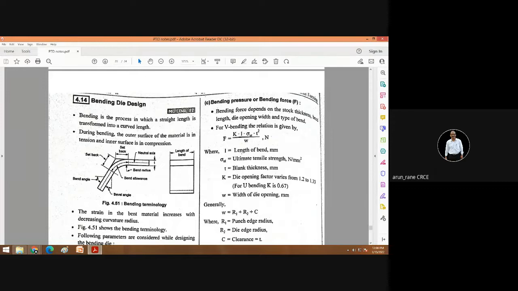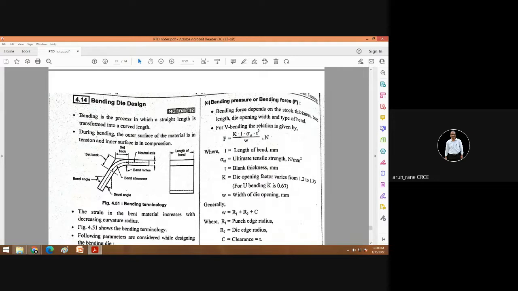For V bending, it is given by F is equal to K into L into sigma ut into T square upon W. Here, this is not I, this is L. L is the length of the bend, sigma ut is the ultimate tensile strength, T is the blank thickness, and K is the die opening factor, which varies from 1.2 to 1.33.